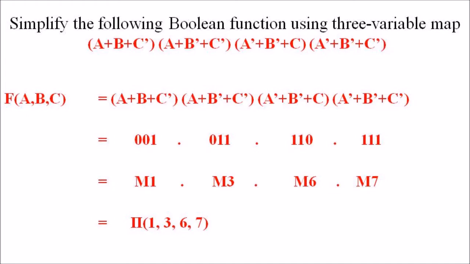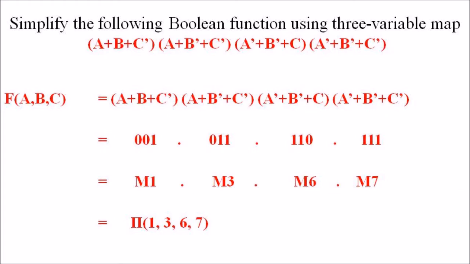That is, a variable is represented in max term as 0 and a variable complement is represented as 1. So a + b + c' is represented as 0, 0, 1: a is 0, b is 0 and c' is 1.